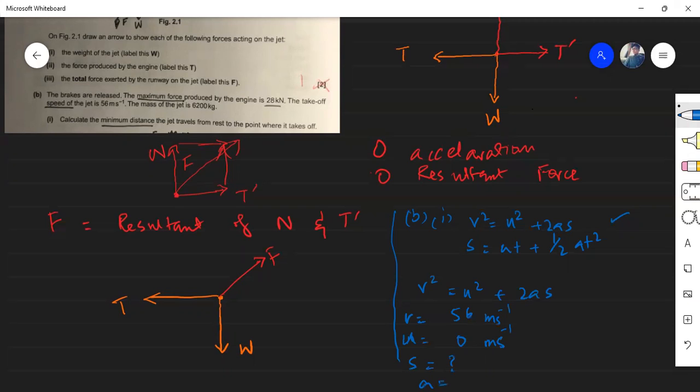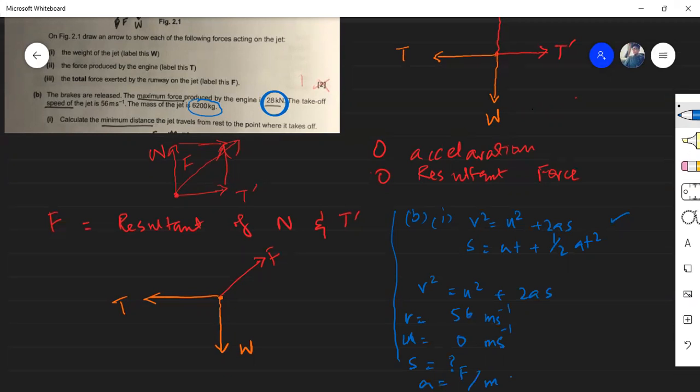Now, you found A using the correct method, which is dividing the force by the mass of the plane. F equals mass times acceleration, so acceleration equals force divided by mass. The force was given to be 28 kilonewtons, and the mass of the jet was 6,200 kilograms.